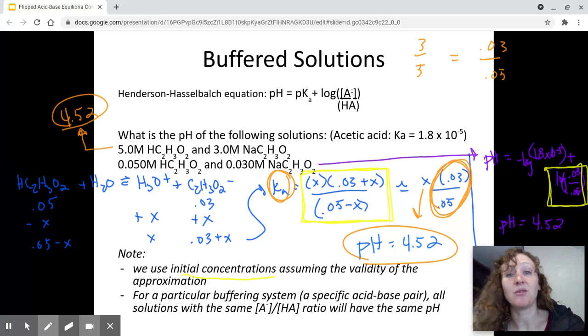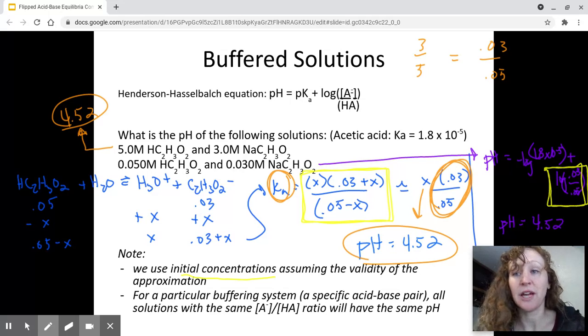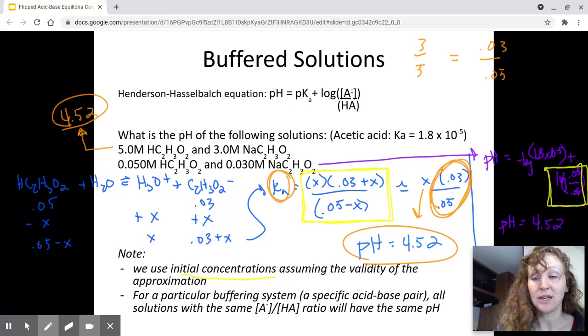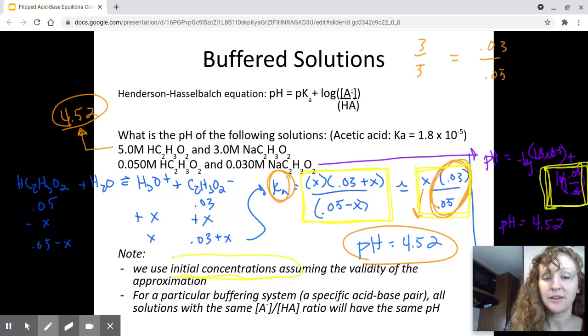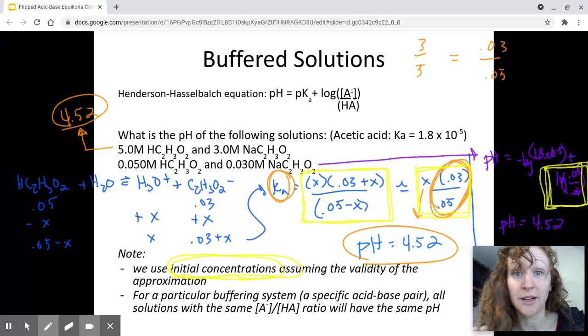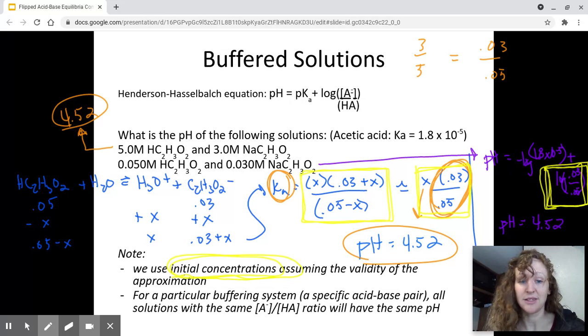When I add or subtract that really small number to another number like 3 or 0.03, and then I round off for significant figures, the X doesn't make a difference. And so I round it off, and I end up using that approximation both when I use an ice chart and when I use Henderson-Hasselbalch. Same initial concentration approximation in both methods.